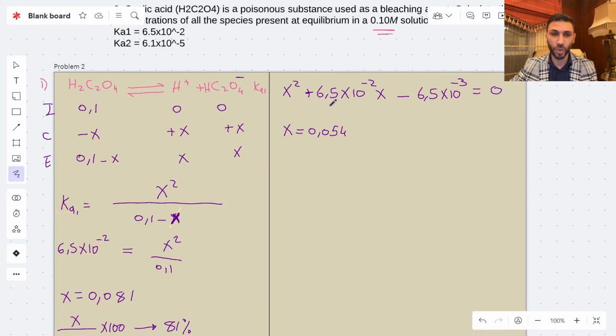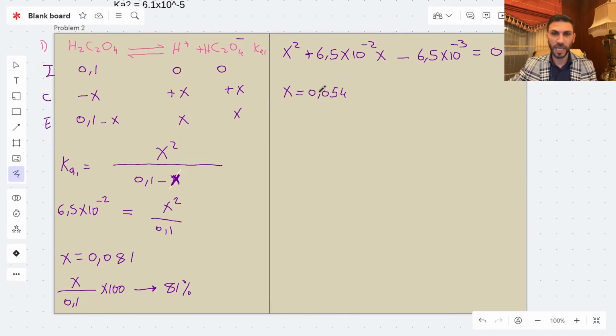I want you guys to check how we solve the quadratic equation. Maybe you can watch some YouTube videos, or you ask your teacher about quadratic equations. So now we have x, and we need to find the concentration of H positive. H positive in this step equals 0.054.